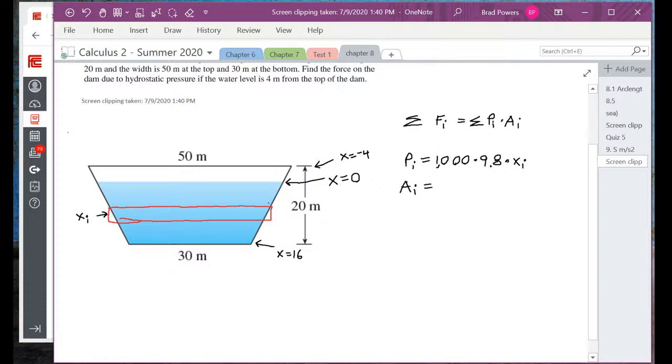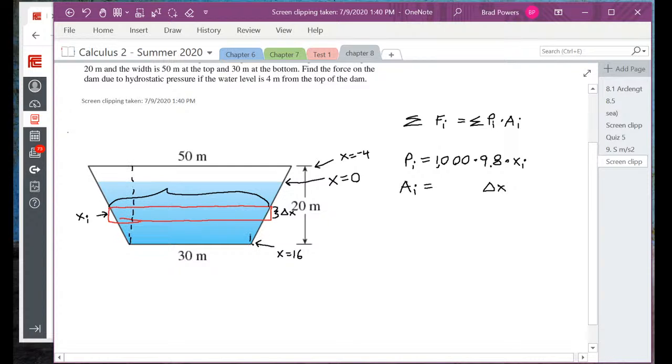Well, the area, at least I know one dimension really easily right here. That is obviously delta x. So we got delta x here. The hard part is this. What is this distance here? Well, okay, if I'm looking at this length, I guess what I would do is break it up like this.